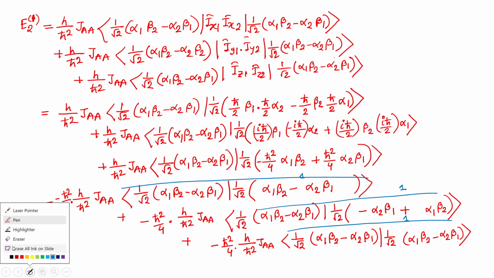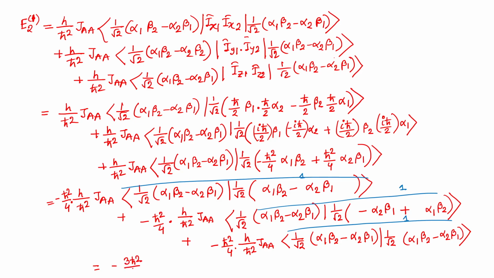So I am actually getting minus 3h cut square by 4 h into h cut square JA, which is nothing but minus 3h by 4 JAA.